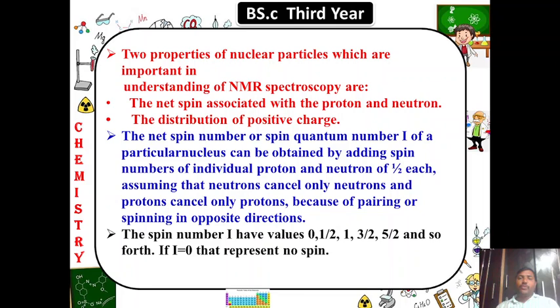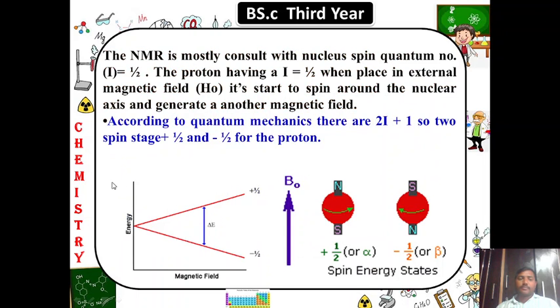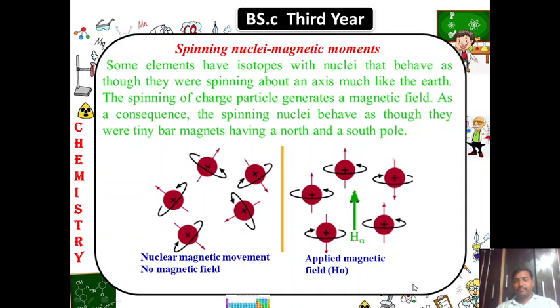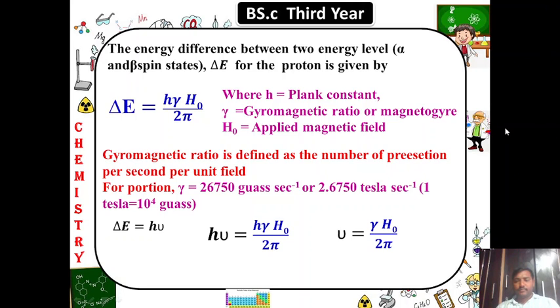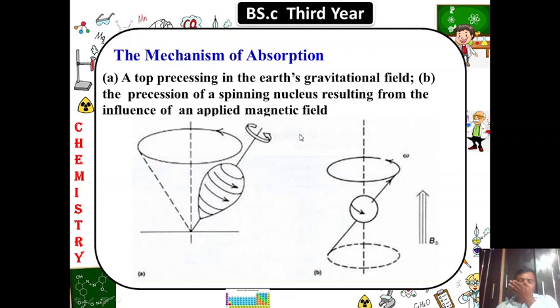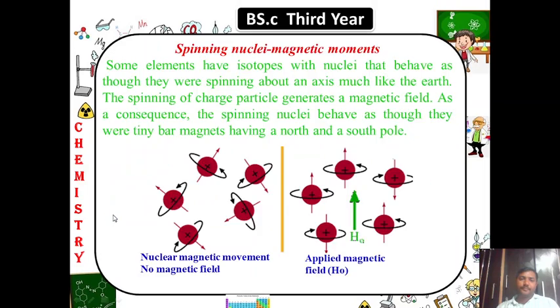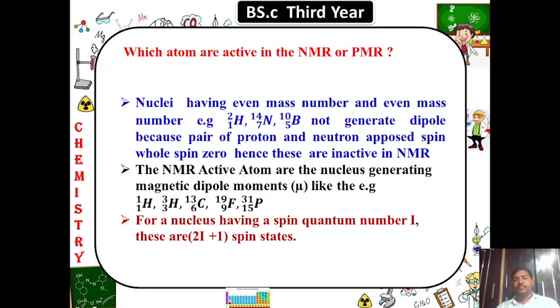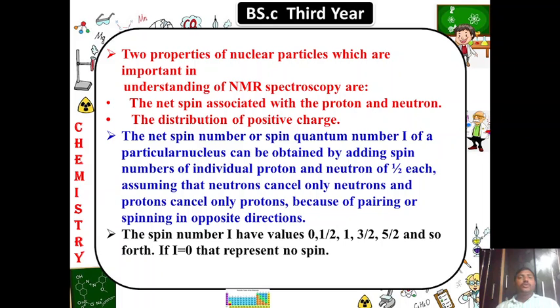The two properties of a nuclear particle which are important in understanding NMR spectroscopy are: first, the net spin associated with the proton and neutron, and second, the distribution of the positive charge on the nucleus.